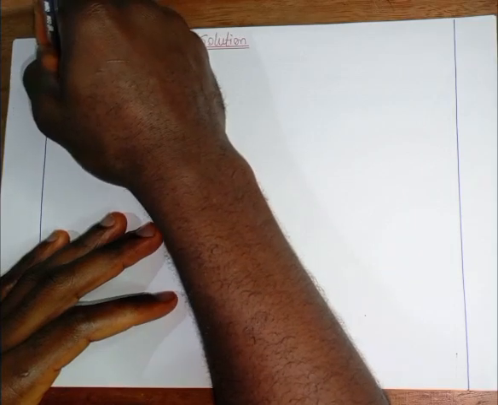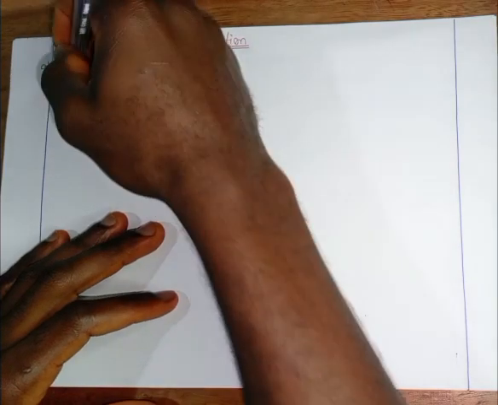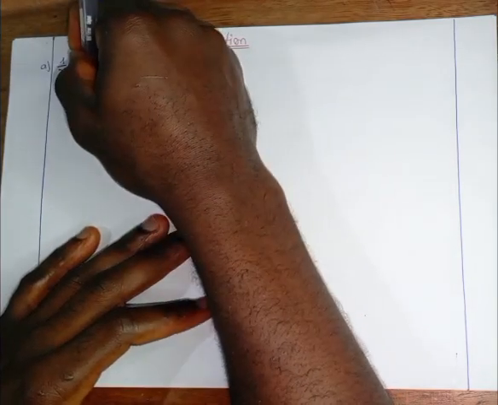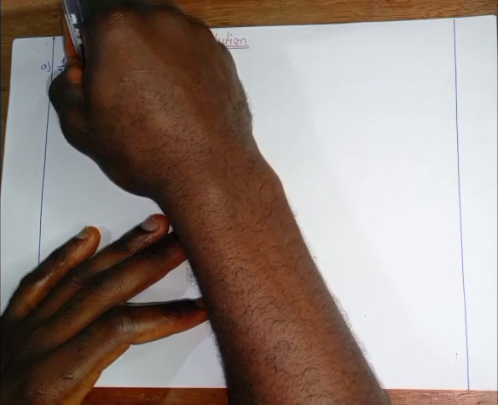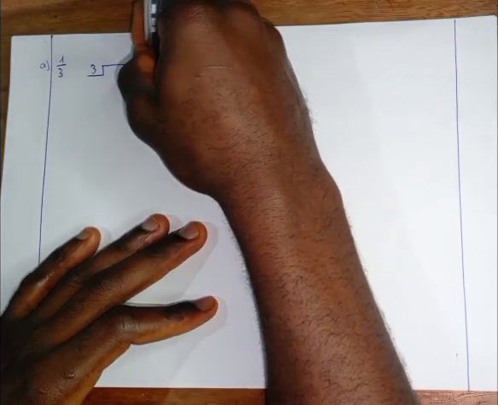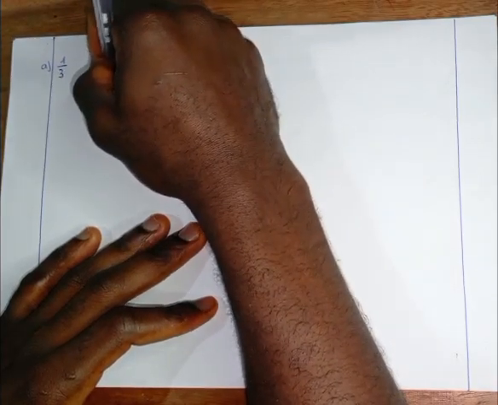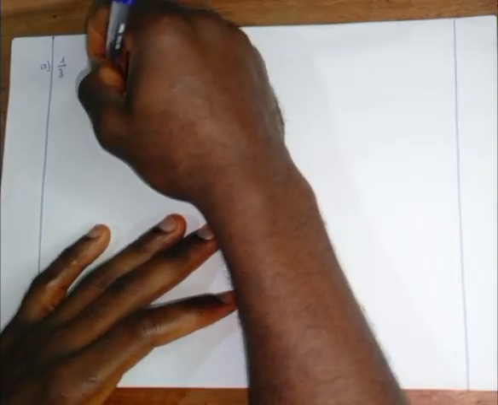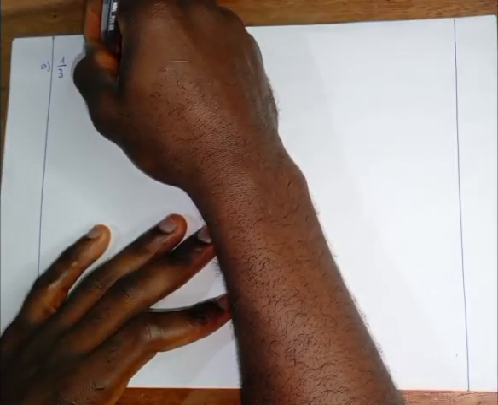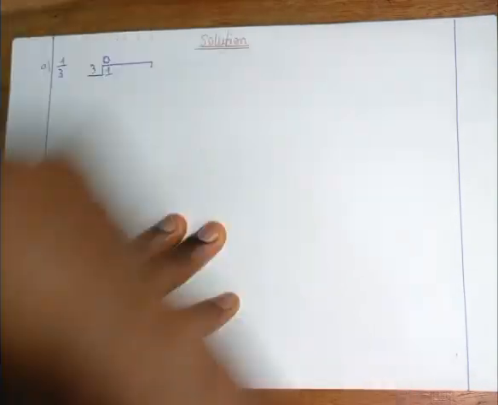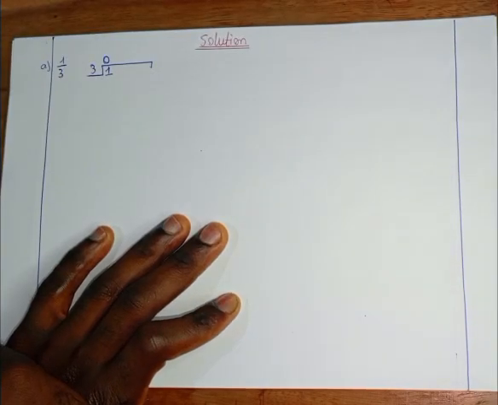For A, we have 1/3. We are going to start by sending out 3. Put the long division sign, send in 1. 1 is less than 3. We fix a 0 here, which means the whole number part will be 0.